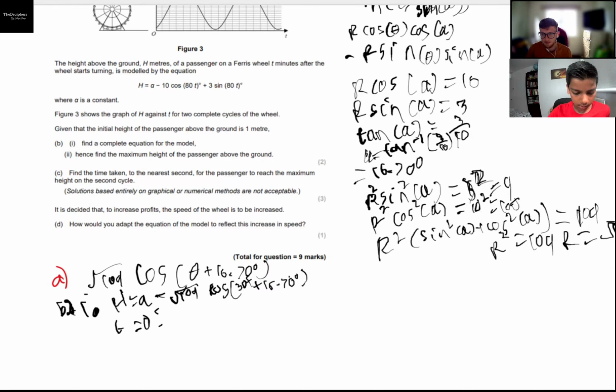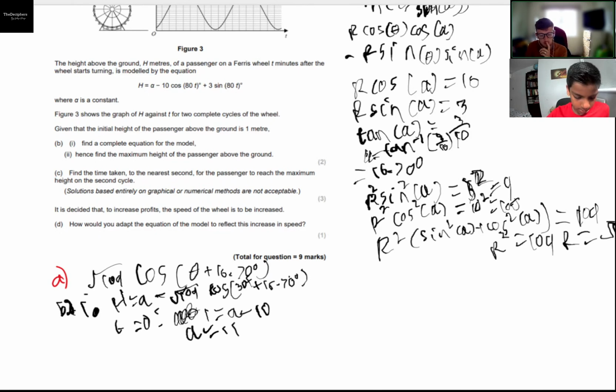Yeah, and it is 1 equals a minus 10 cos of 0 plus 3 sine of 0. So cos of 0 is 1, so that's just a minus 10. So a is 11. Brilliant.